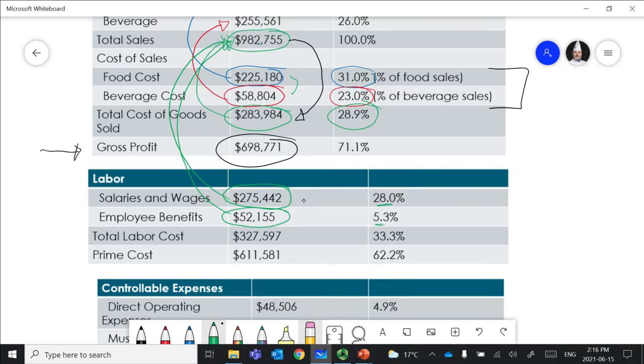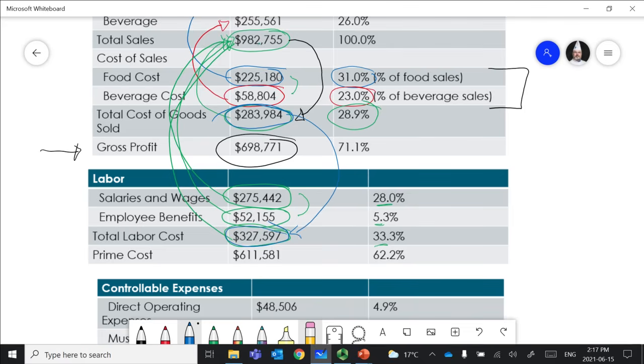Our total labor costs, which is these two added up, our salaries and wages plus our employee benefits, gives me $327,597 divided by total sales. Gives me my 33.3%. Now, prime cost. Prime cost is now my total cost of goods, which I'm going to use blue for now, my $283,000 plus my total labor cost here.